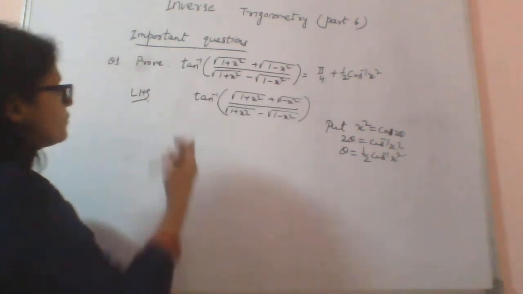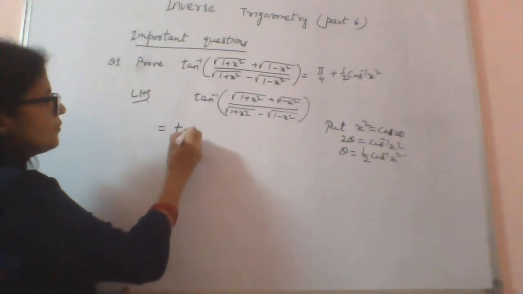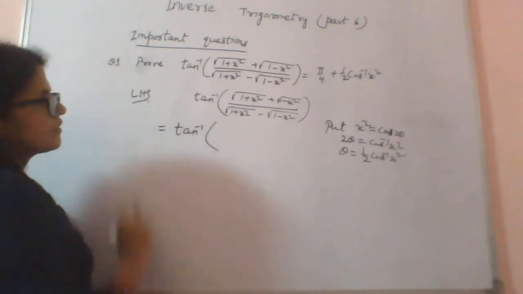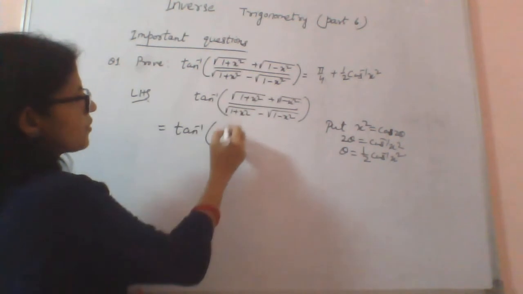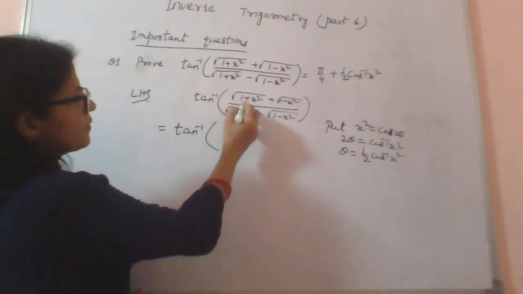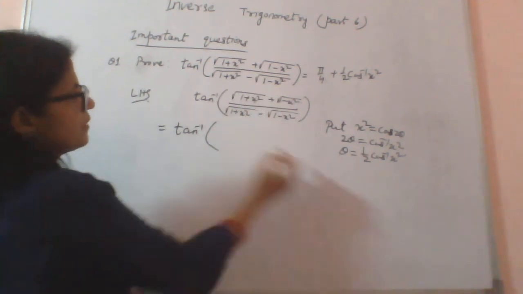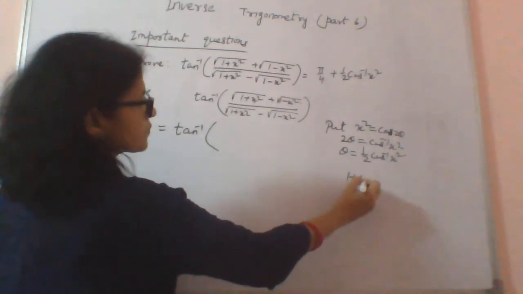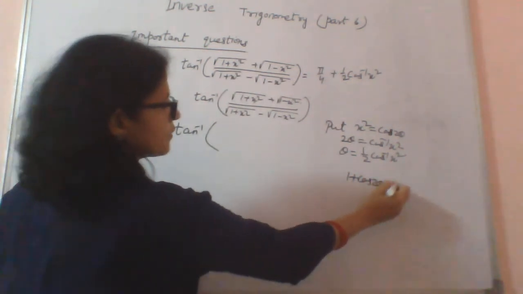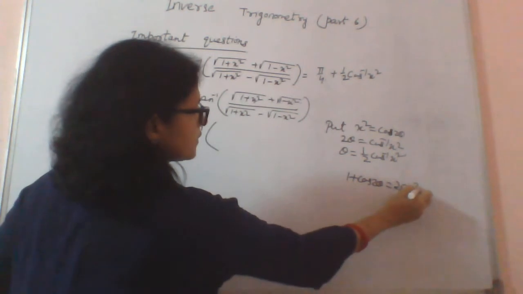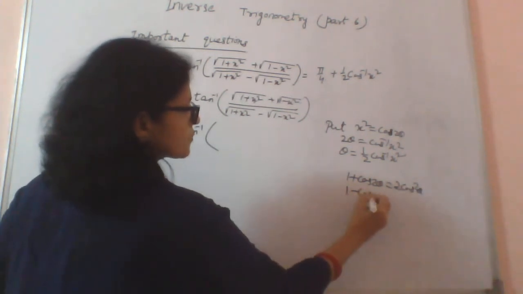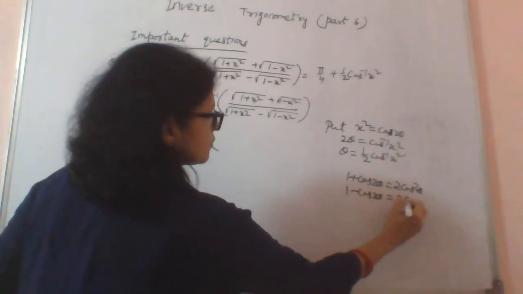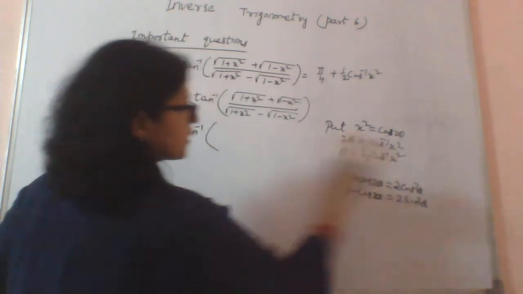So let's continue. Tan inverse, this is 1 plus cos 2 theta, and we know 1 plus cos 2 theta equals 2 cos square theta, and 1 minus cos 2 theta is 2 sin square theta.